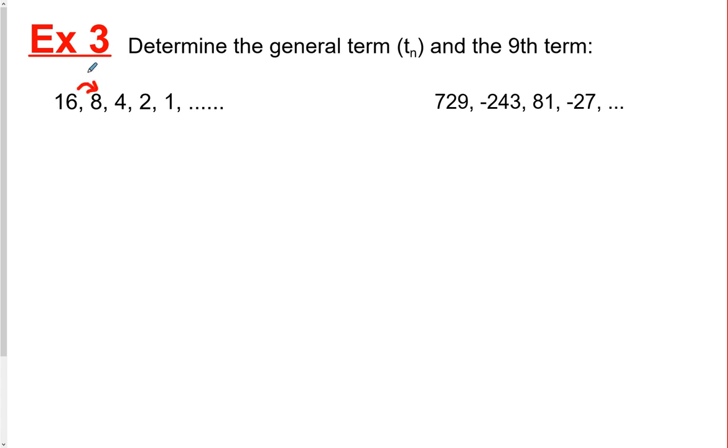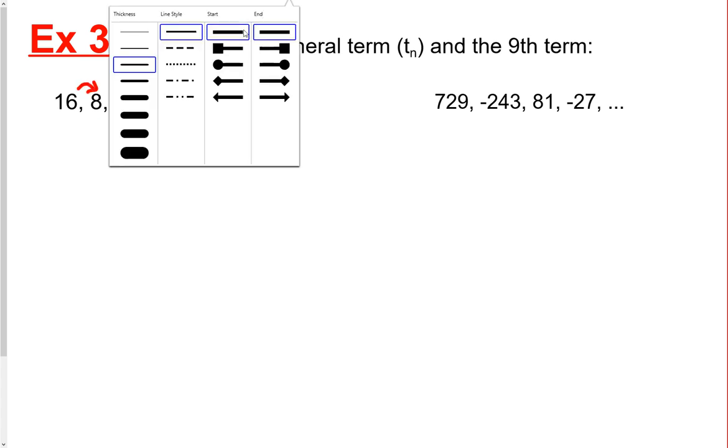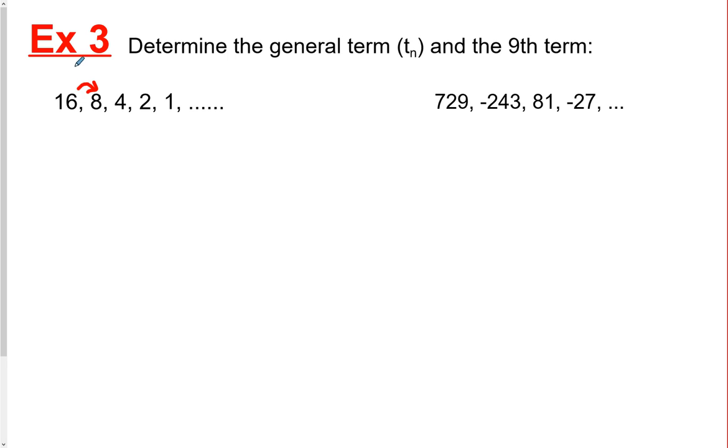You might say, well, you're dividing by 2, Mr. Roy. And I would say, yeah, you're 100% right. But dividing by 2 is the same as multiplying by a half. And if I did my T5 divided by T4, I'd get a half. So my common ratio here is 1/2. Each time I'm multiplying that number by a half.